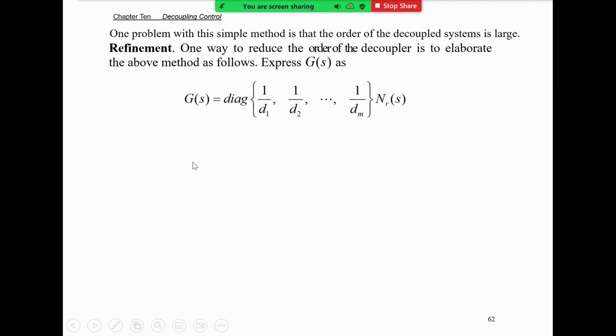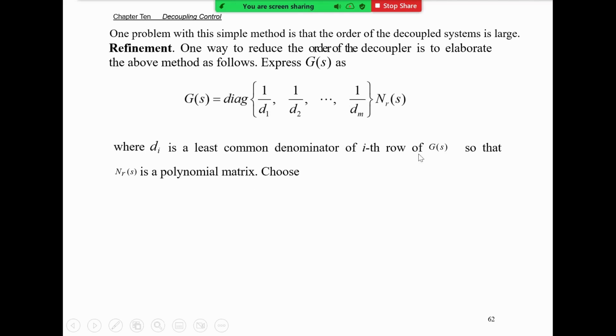So Di is the least common denominator for the ith row. In this way, we can simplify the design. We can write it as a diagonal matrix with those least common denominators for each row. Still, we keep the matrix NR with elements that are just polynomials of S. There will be no denominators inside this matrix.